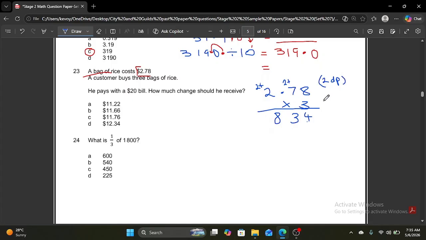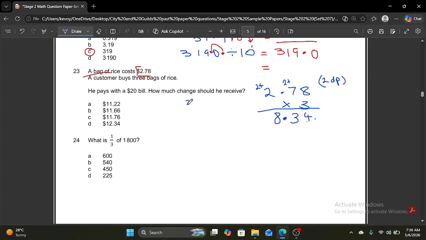So if it is 2 decimal places, then our answer will have 2 decimal places. So that's 1, 2. So it's going to be $8 and 34 cents. So $8.34.